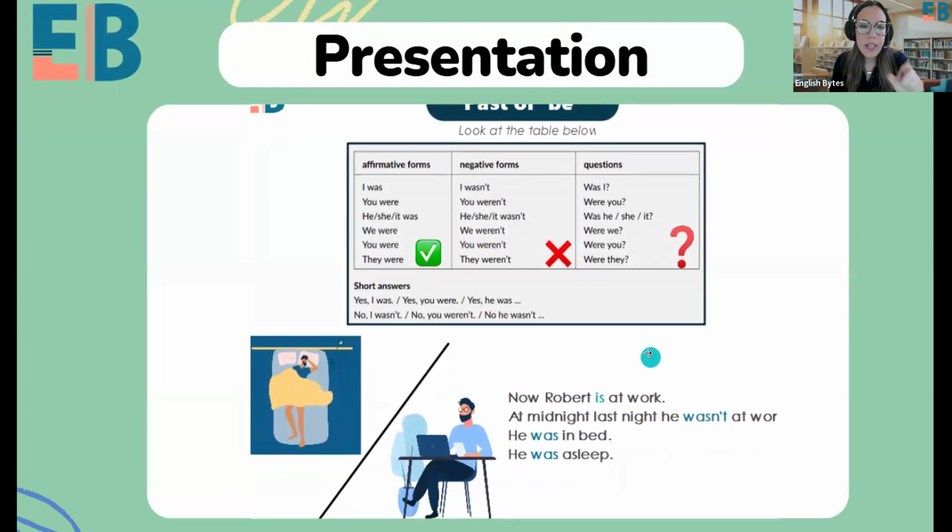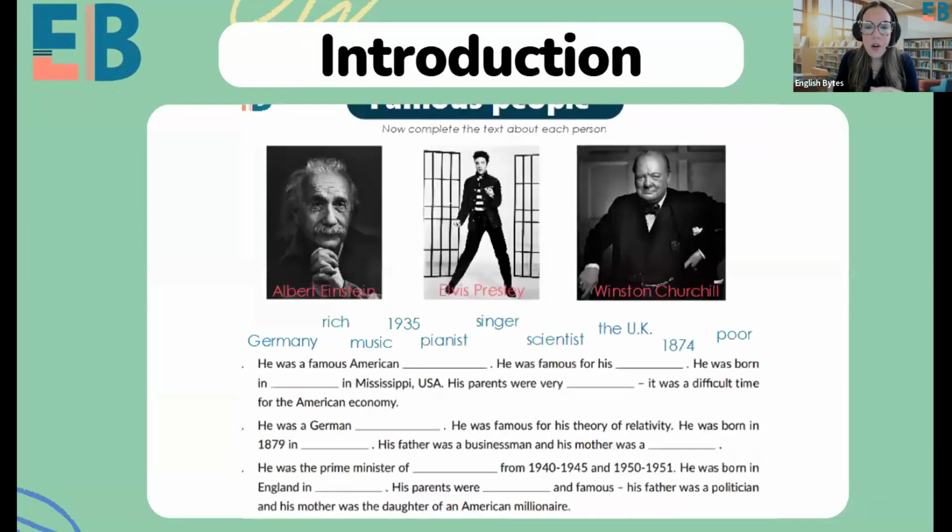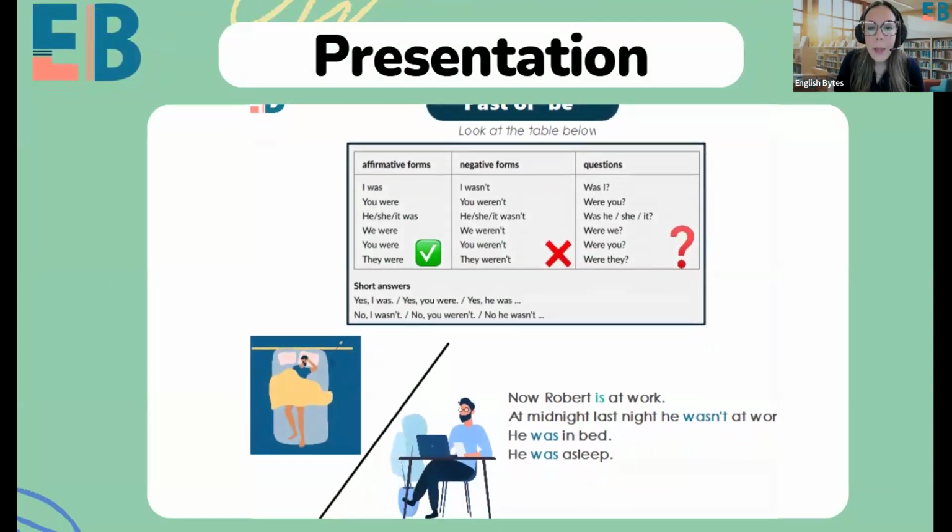That is the verb to be in past. Let's see how we can use it in a different sentence. So I show them affirmative, negative, and questions. We have some examples. Now that you know, can you highlight where you see it here? And we practice between stages. Then this is the presentation stage.